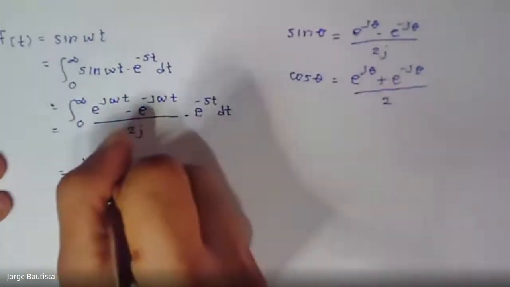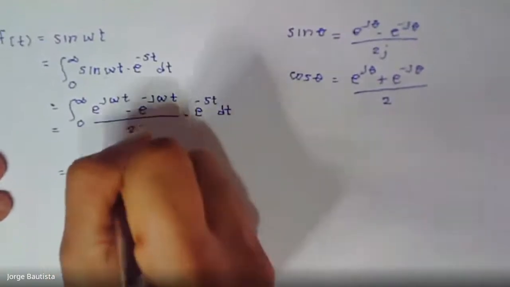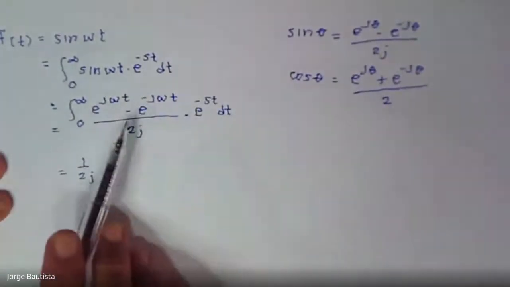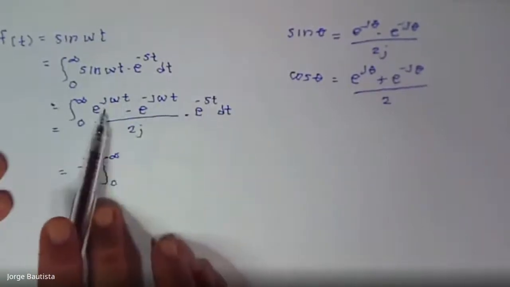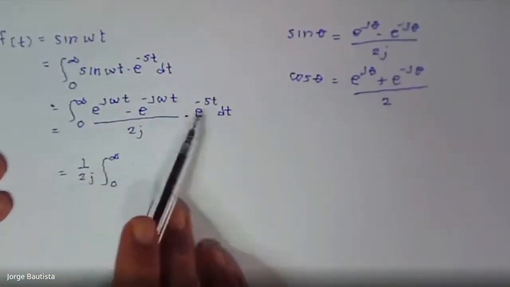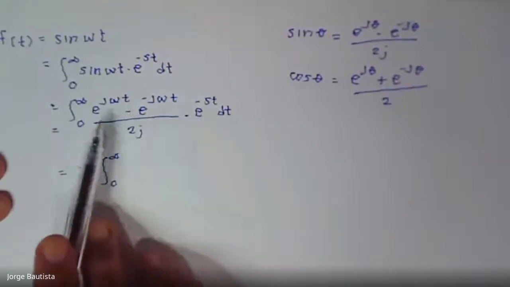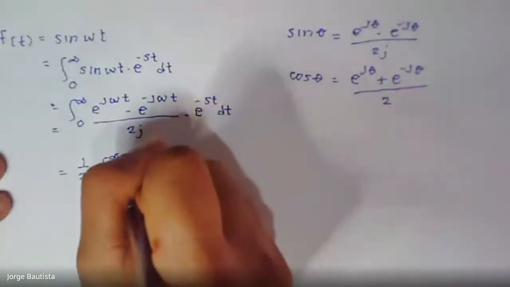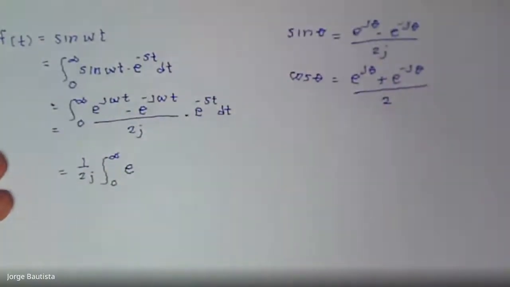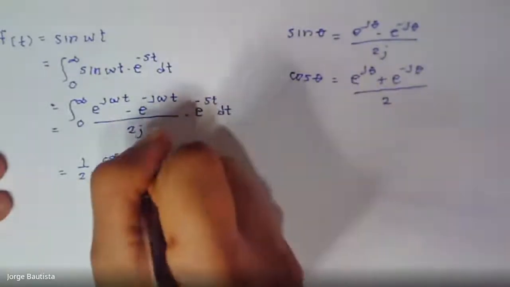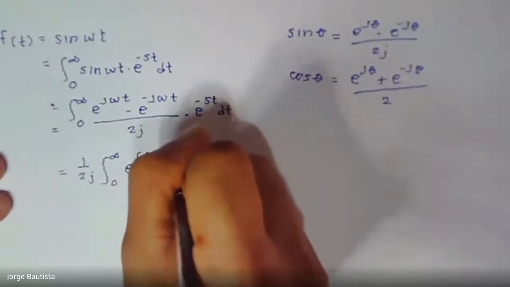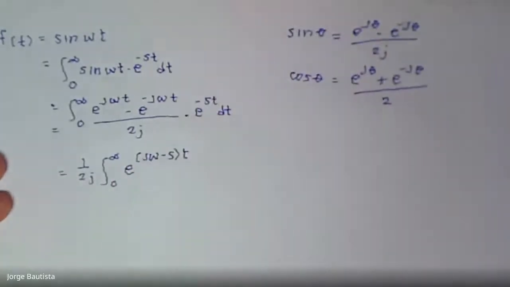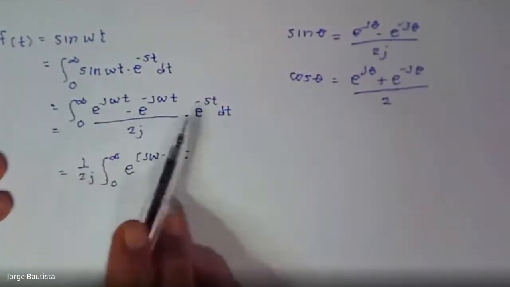So what remains is the integral from 0 to infinity, and this is multiplied here. When you multiply the two, we get e raised to j omega minus s multiplied by t. Right? This one times that one.